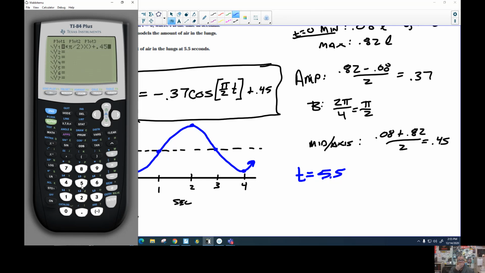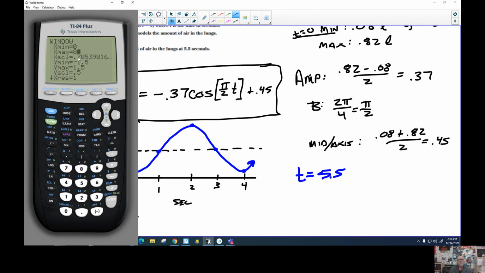And window. My window, we just said what we need. X min and max is going to go from 0 to, well, they want us to find 5.5, so I'm going to go a little bit farther than that. The X is going to be our time in this case. So I'm going to go out to, let's say, twice our period. Let's go out to 8, two full breaths. All right, so scale.